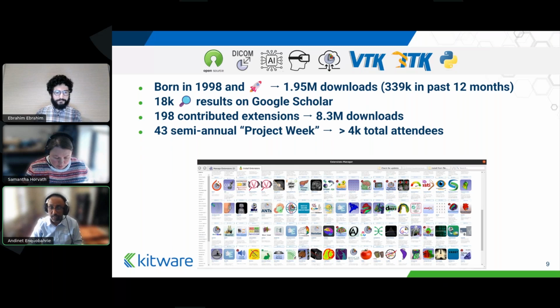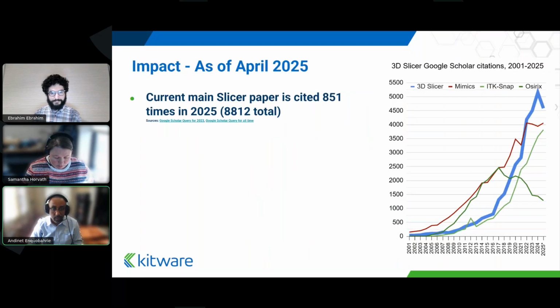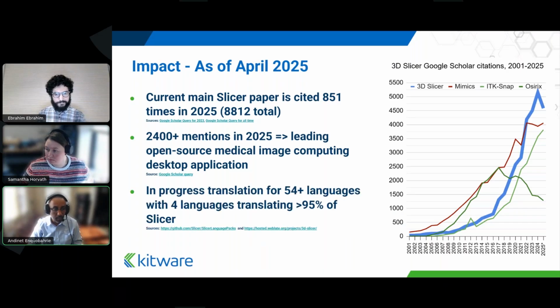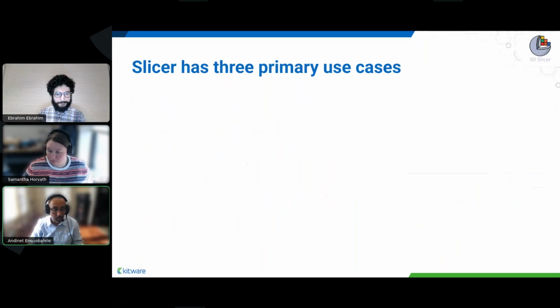And these extensions have been downloaded more than 8 million times. Another way we look at the impact is the number of citations of the main Slicer paper in the community, and as you see, there's an increased citation of 3D Slicer in publications.